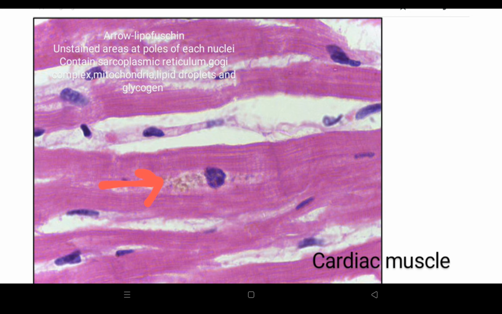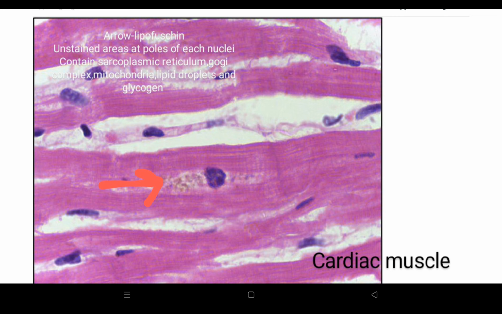Then one more diagram of the cardiac muscle. In this, the arrow is marked and there are brownish areas. These are lipofuscin, and unstained areas at the poles of each nucleus are visible. These contain sarcoplasmic reticulum, Golgi complex, mitochondria, lipid droplets, and glycogen.